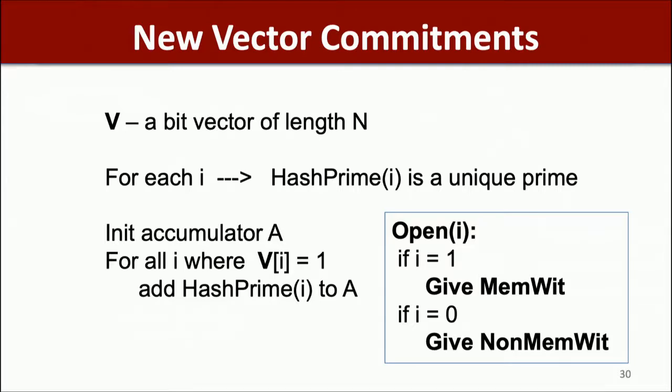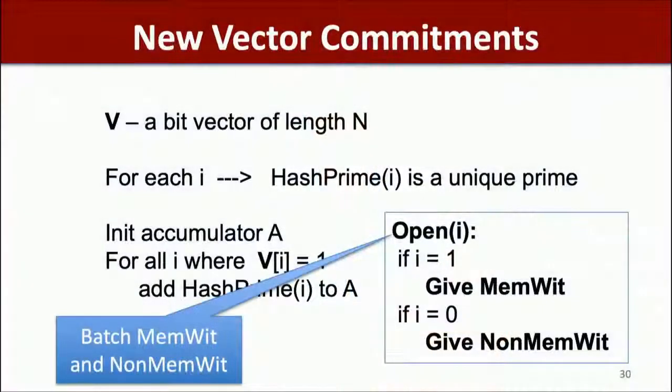If the prime is in the accumulator, it's a 1 at the index, and if it's not, then it's 0. So if I want to prove to you that, say, a bunch of indices, maybe a whole word, is equal to something, I need to give you a batch membership witness, a batch inclusion proof, and also a batch exclusion proof.